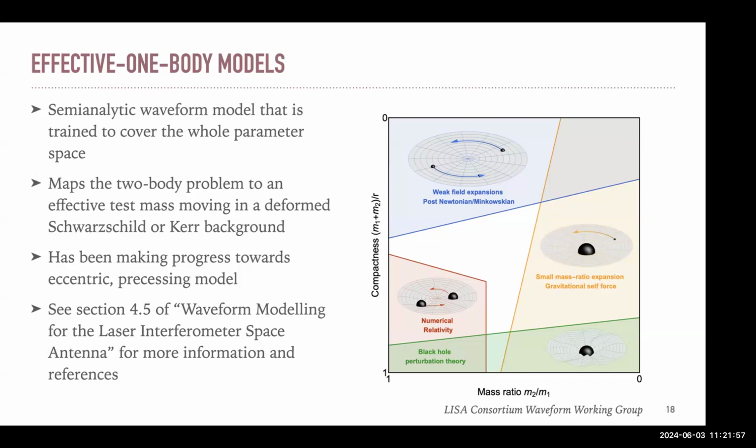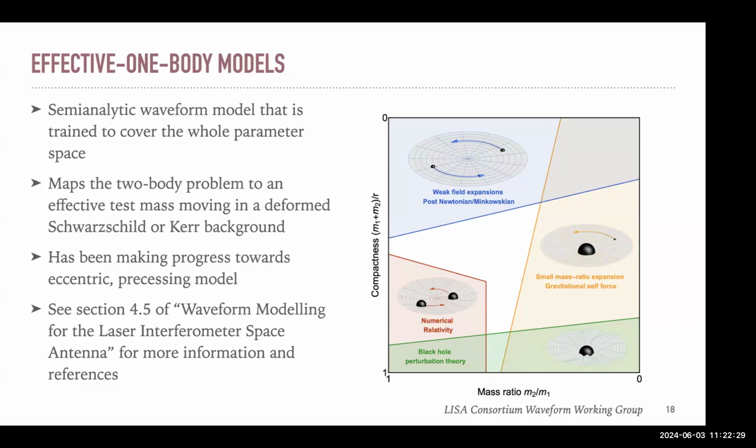And that lets you cover the whole parameter space, and it's trained on small mass ratio and post-Newtonian and numerical relativity data. It's not going to be as accurate per se as any of these, but it gives you the benefit of being very fast and covering the entire parameter space somewhat continuously. So those are also great, and they have started making progress towards including eccentric and precessing spins.